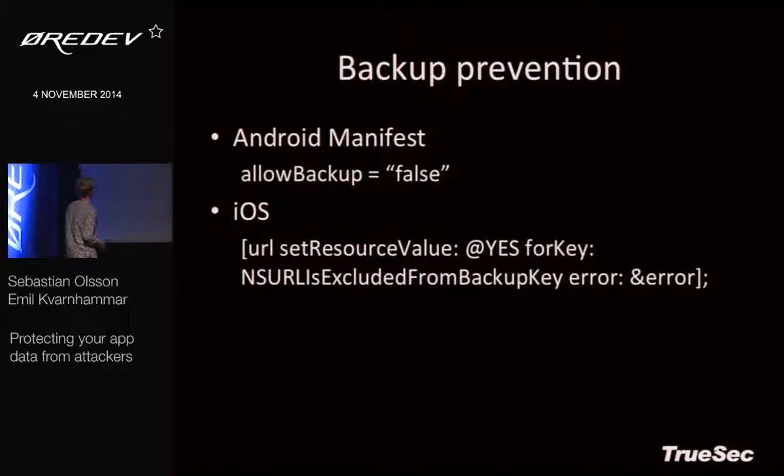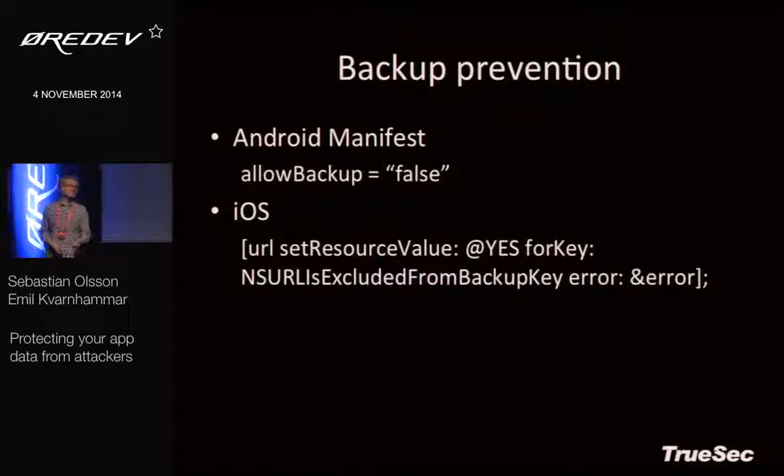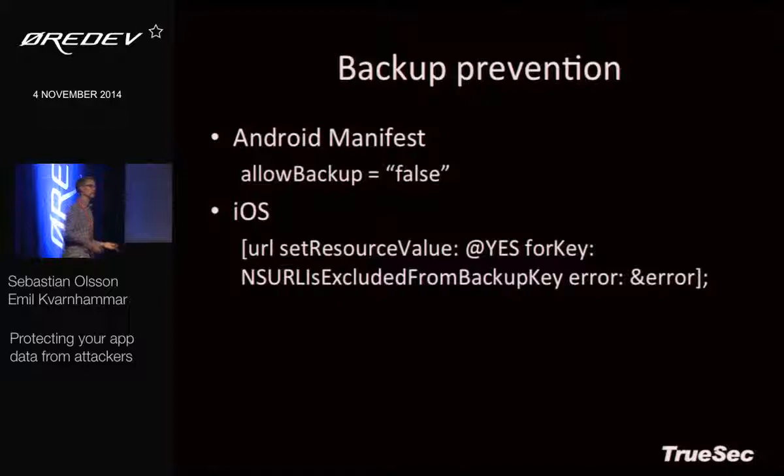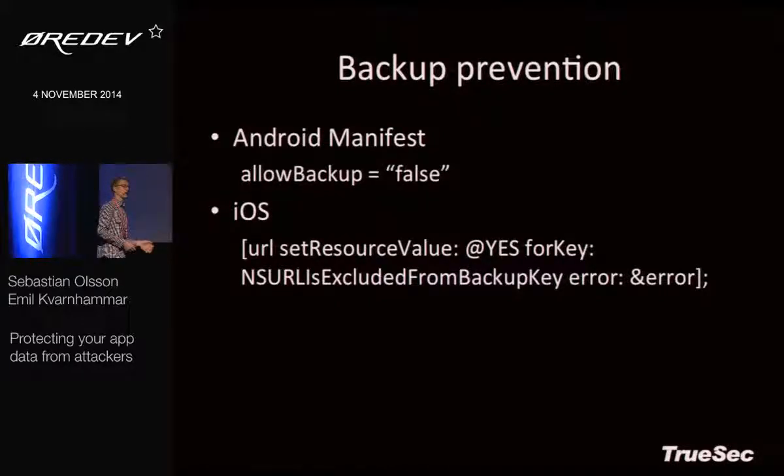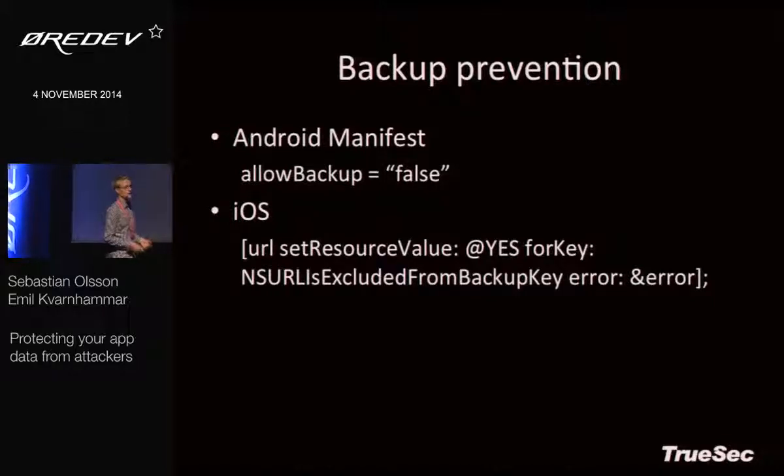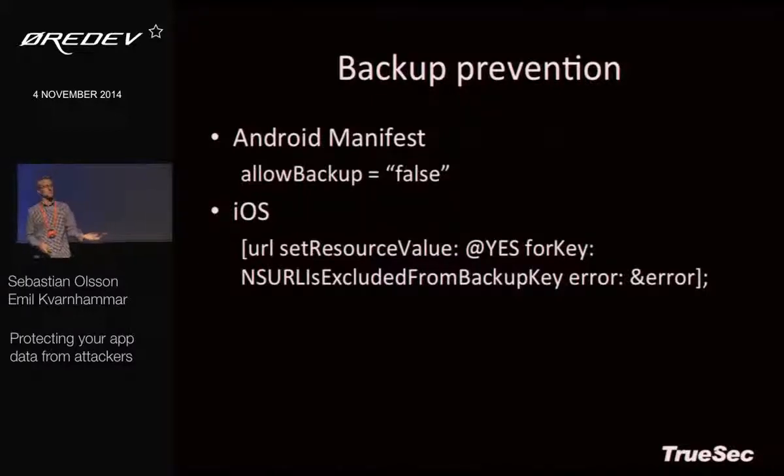So about backups, we can prevent backups too. The default for Android applications is allowBackup equals true. So we need to explicitly specify allowBackup false to avoid our sandbox data ending up in, for instance, backups towards the Google Cloud or backups through ADB or any other similar backup mechanism to the desktop.